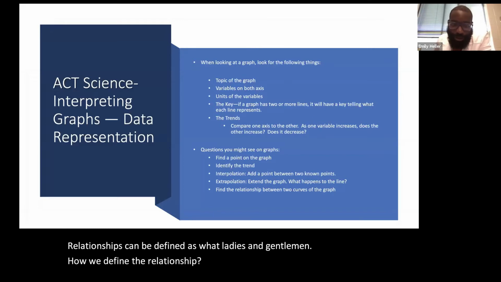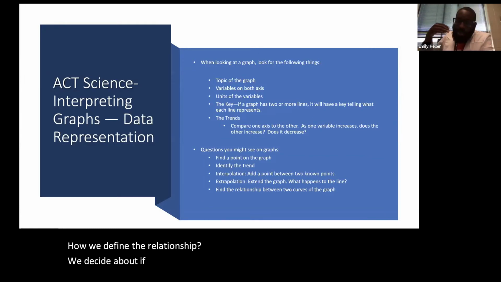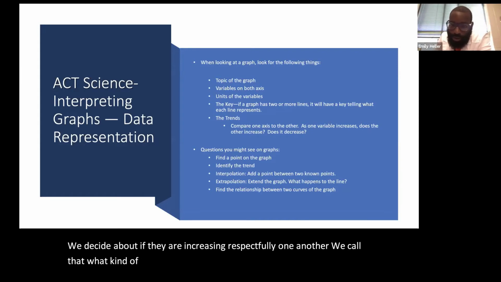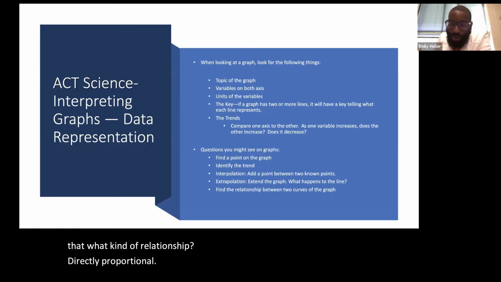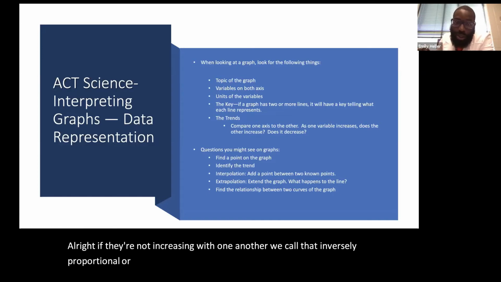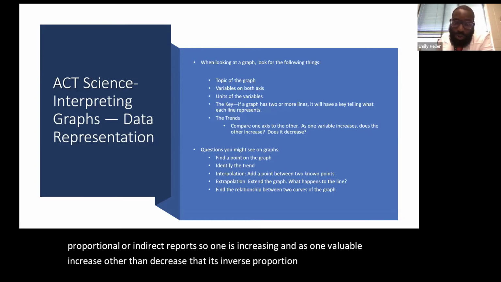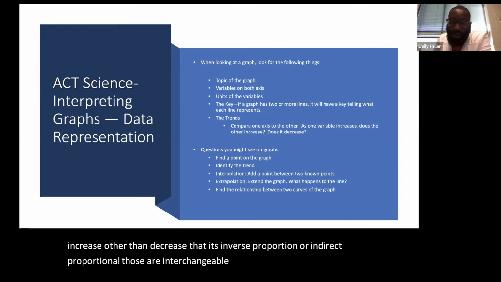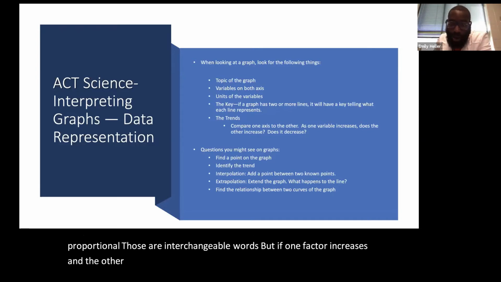We just talked about if they are increasing respectively with one another, we call that what kind of relationship? Directly proportional. If they're not increasing with one another, we call that inversely proportional or indirectly proportional. When one variable increases, the other one decreases. That is inversely proportional or indirectly proportional. Those are interchangeable words. But if one factor increases and the other variable increases at the same rate, they are directly proportional.